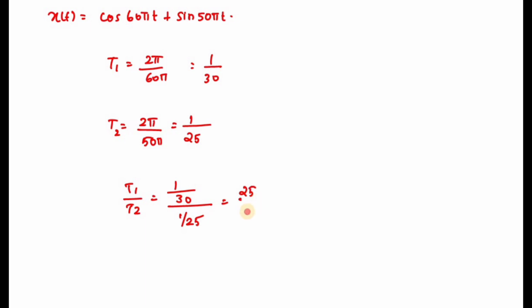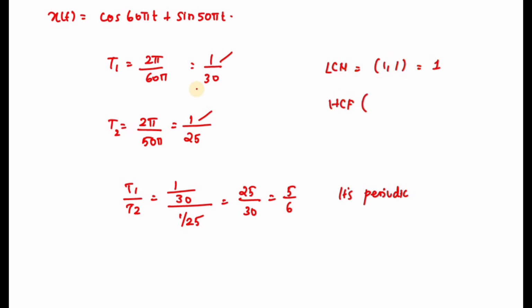I can see it is a ratio of integers. There is no π, so it is periodic. So this is your numerator. If I take the LCM of the numerators, the answer is 1.